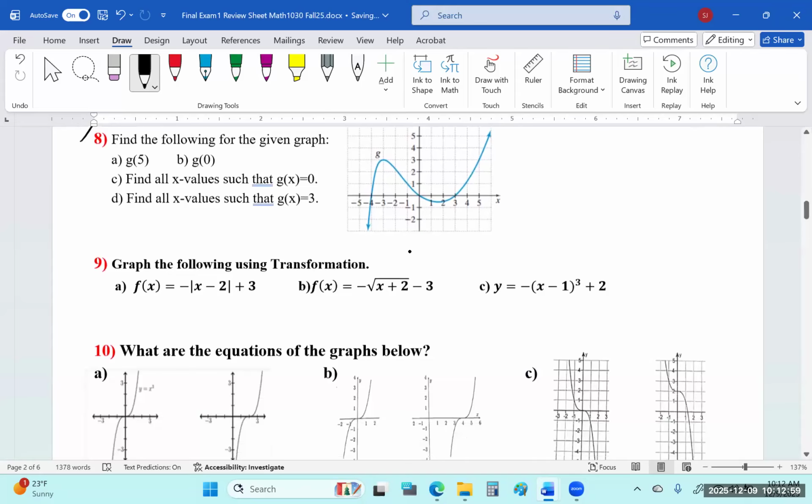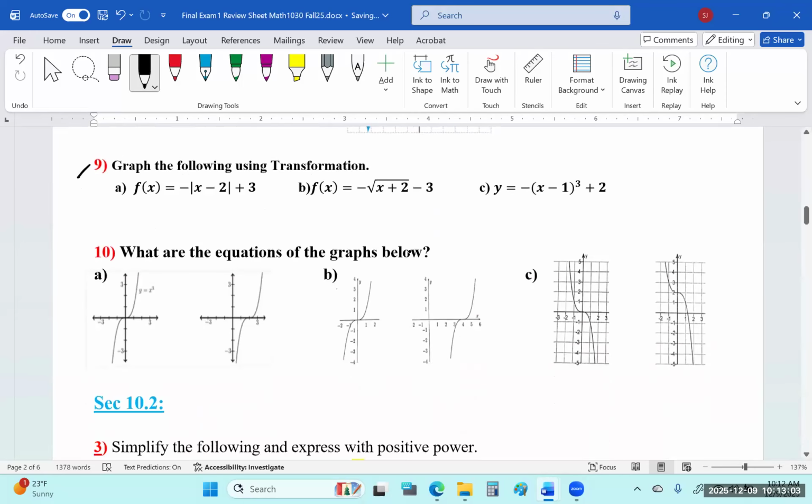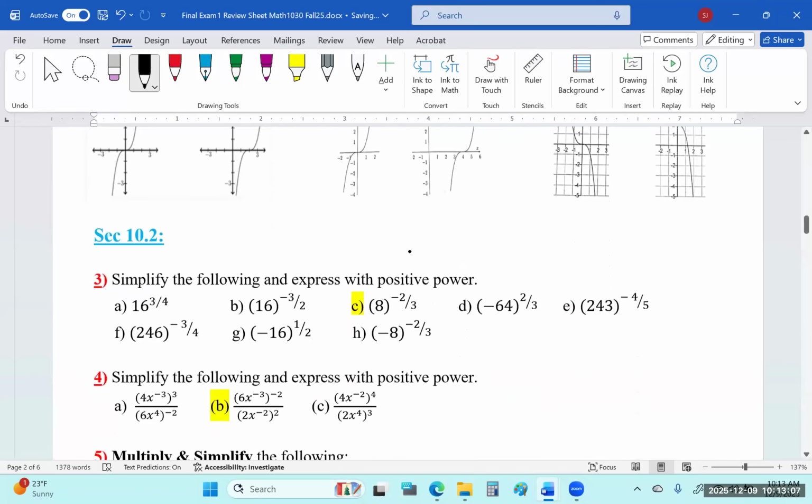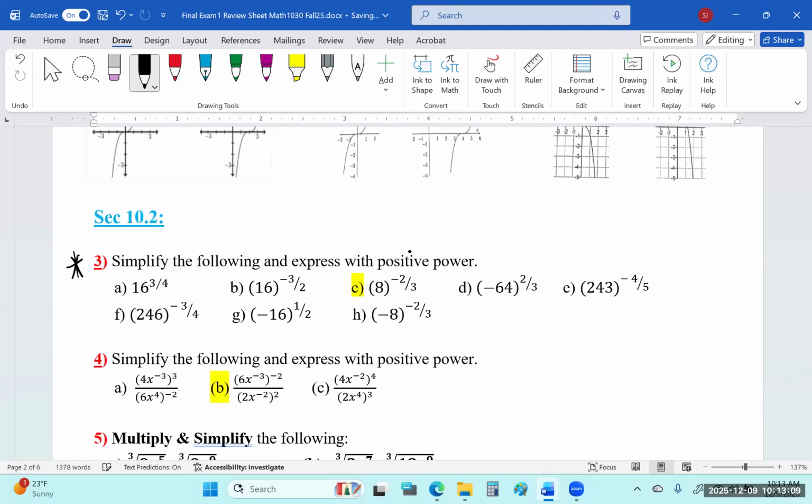Transformation, it also sometimes comes. This type of transformation also sometimes comes. This definitely always comes. One of these, simplify. And also this one, simplify. These always come.